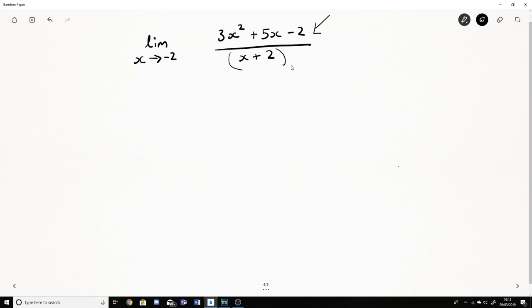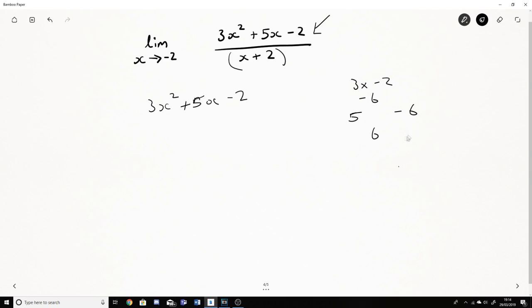If I take the top function on its own, 3x squared plus 5x minus 2, this is just a standard trinomial. How do you solve this? Well, we multiply 3 by minus 2, which gives us minus 6, and then we check what adds up to 5 and multiplies to give minus 6.